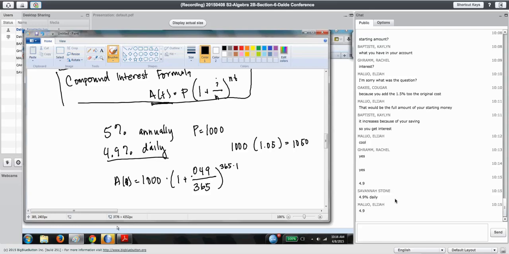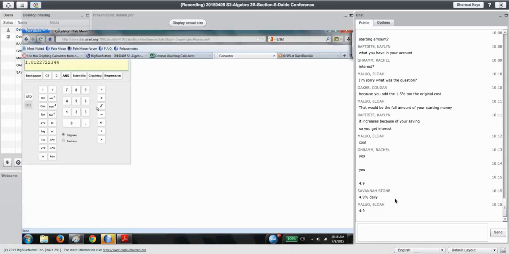Let's try it. 1,000 times 1 plus 0.049 divided by 365, to the 365 power. I don't need the times 1. All right, and I get 1,050.22.